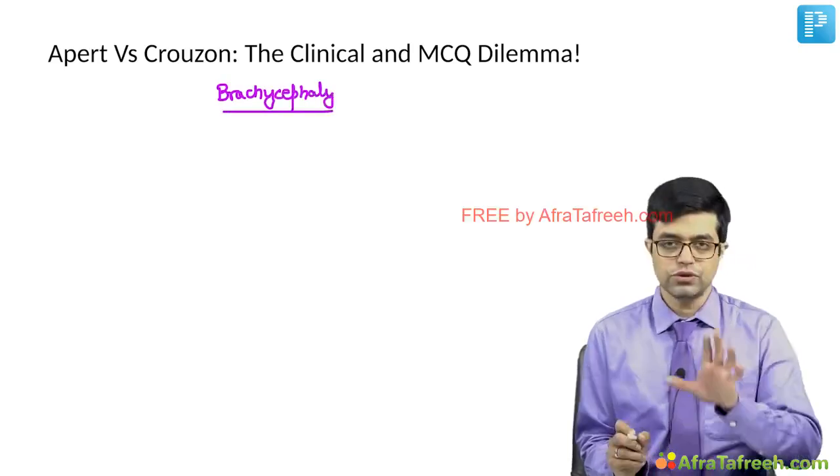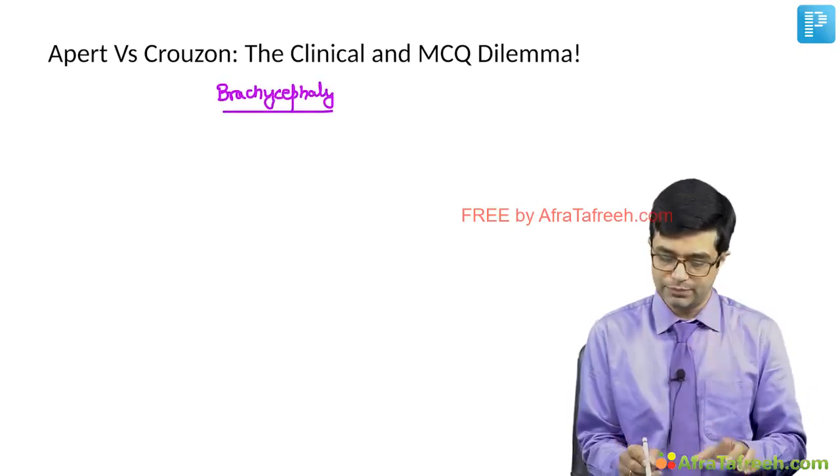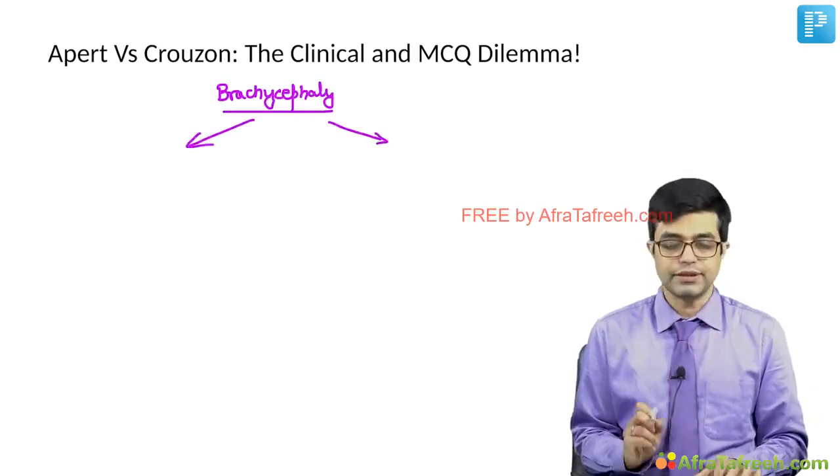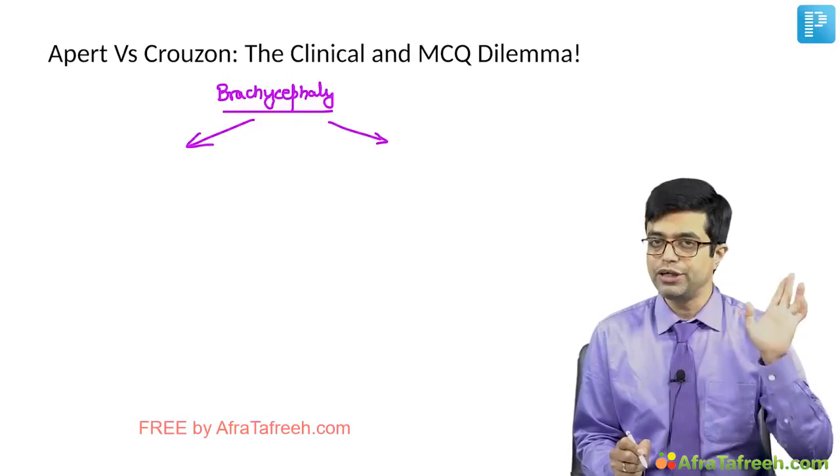Okay, craniosynostosis, brachycephaly present in both of them. There can be two possibilities. Every child need not have all of these. This you need to understand.